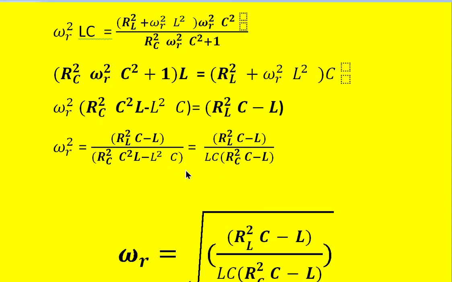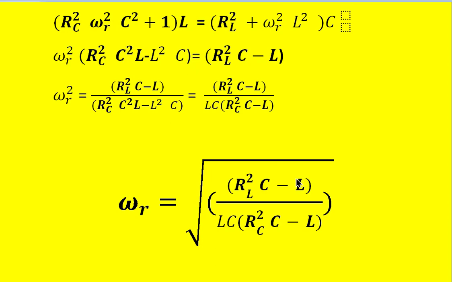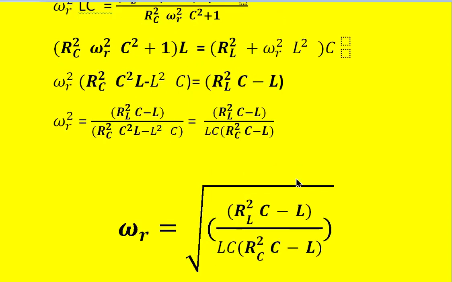In the denominator, taking LC common, the equation becomes: denominator LC into RC square C minus L, and the numerator is RL square C minus L. Further, omega R is the square root of RL square C minus L divided by LC into RC square C minus L. This is the final resonance frequency equation for this circuit.